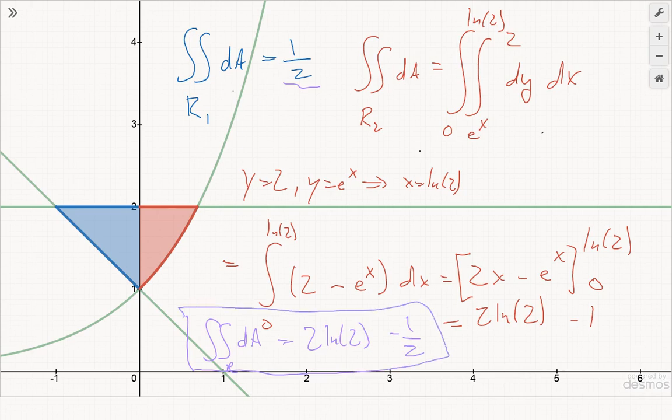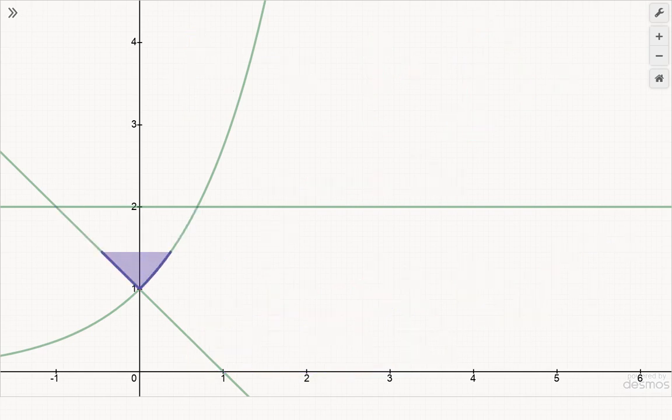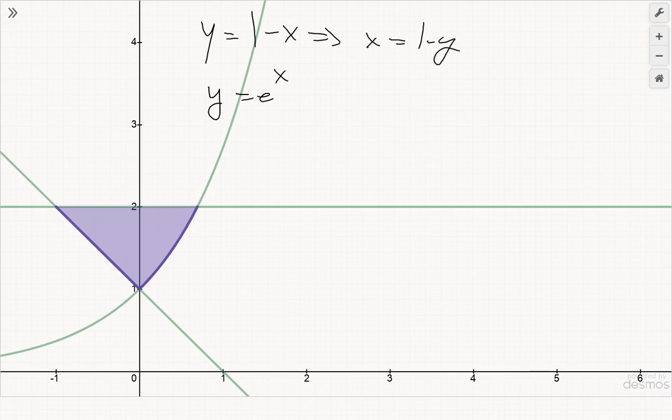Now let's also do the calculation with horizontal slices. So y equals 1 minus x turns into x equals 1 minus y. And again, y equals e to the x turns into x equals ln of y.